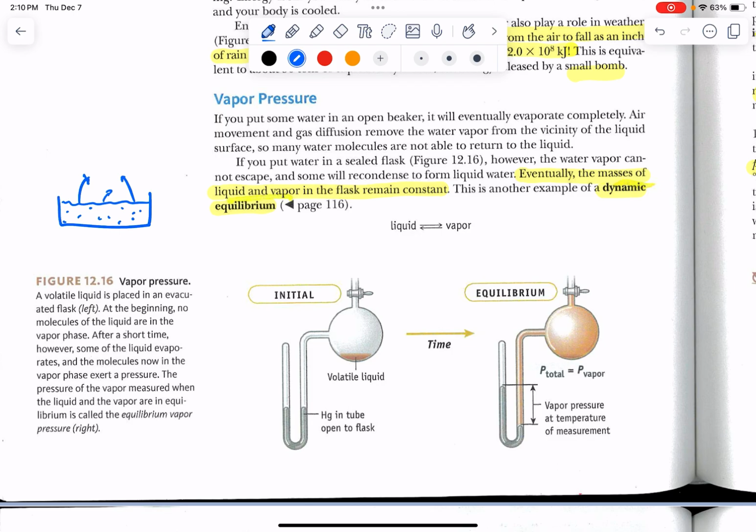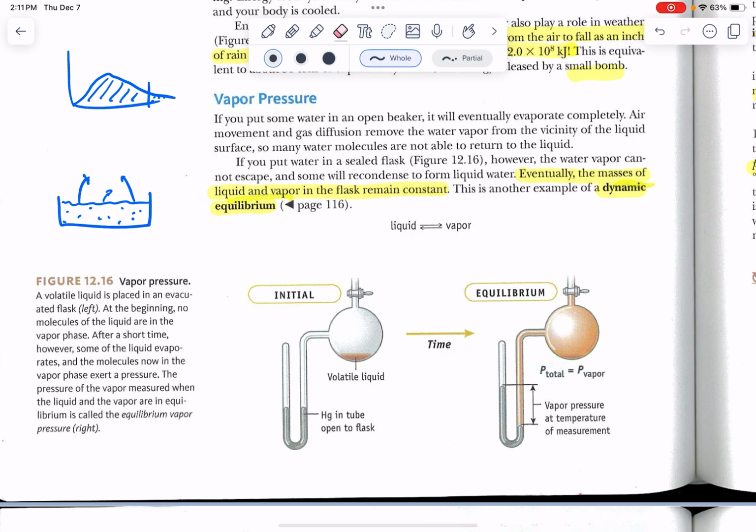Even at a relatively low temperature, even on a cold day, you're going to have a few molecules of that liquid that will have enough energy to escape. Once again, remember the curve that looks like this. Most of your molecules won't have enough energy to escape, but a few will have enough energy to break free from the surface tension of the liquid and escape into the vapor state.